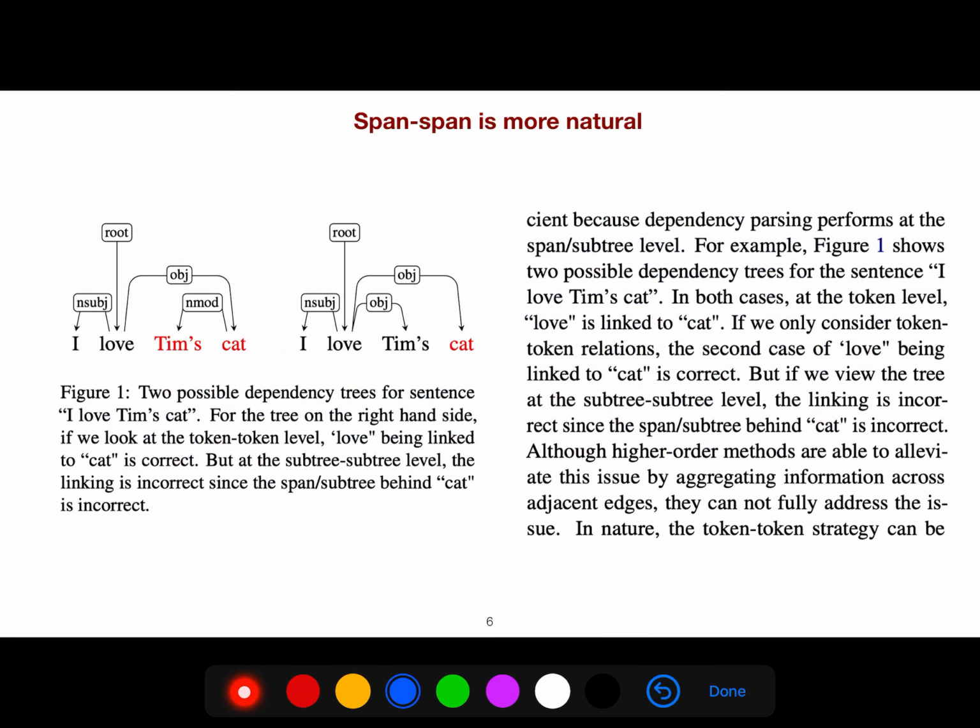For example, here, this is one span, this is the total span, but if this span is a subset of a bigger span, then they are related. So they are related by cat. If cat is the head of the smaller span, and love is the head of the bigger span, they are related by the object relation.